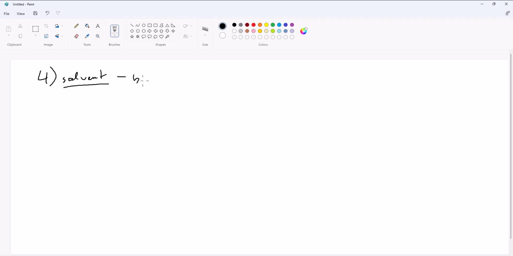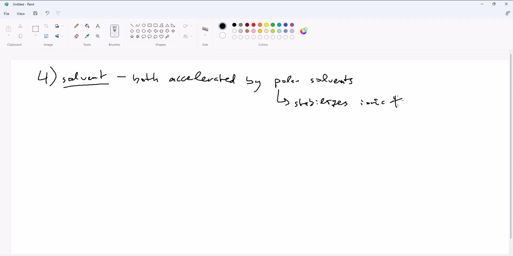So we see that both are accelerated by polar solvents. Polar solvents meaning they have a dipole, so something like methane is not a polar solvent, but something like water would be a polar solvent. And this is because, as we saw, there are ionic transition states, and this is going to stabilize the ionic transition states that occur in both of these mechanisms.